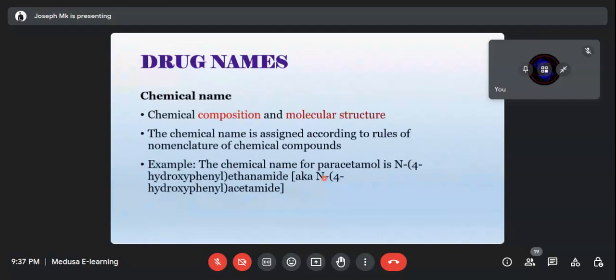So for the sake of our lecture, let's name the drug in three names. The first one, we are going to talk about the chemical name. The second, the generic name. The third, the brand name. The brand name is known as the proprietary name.